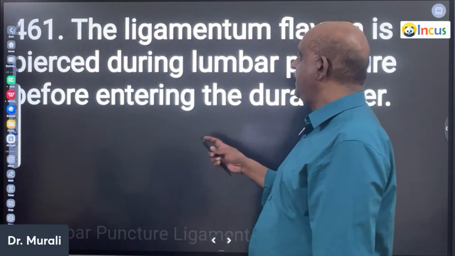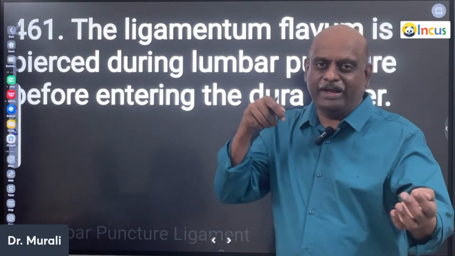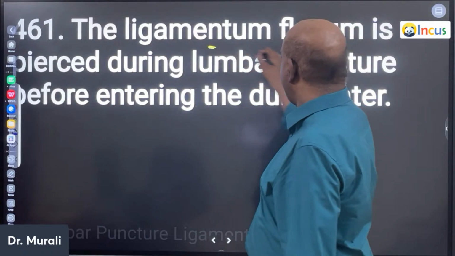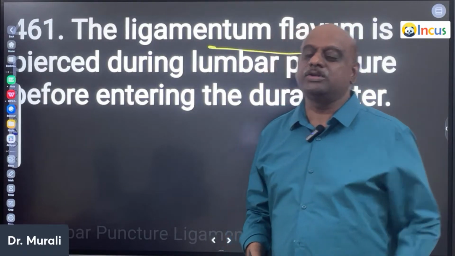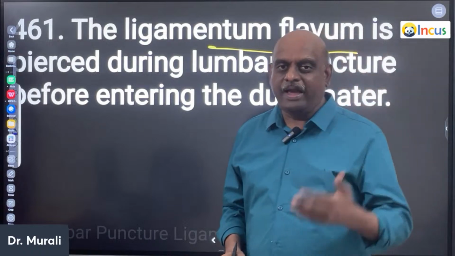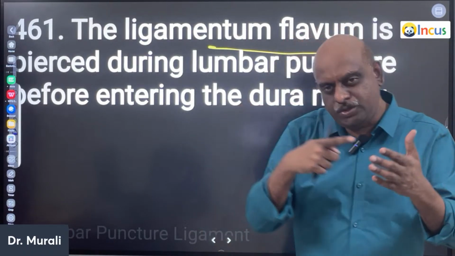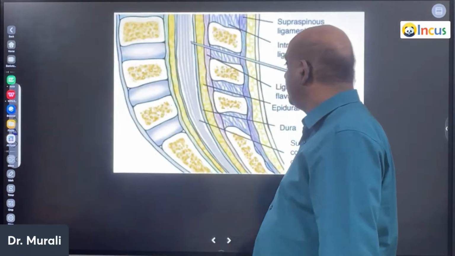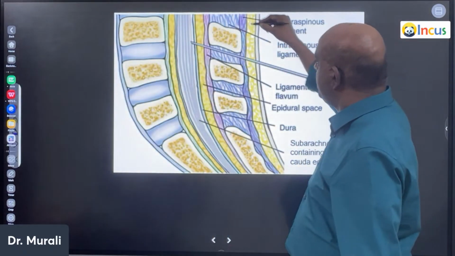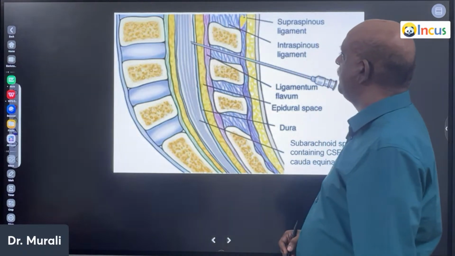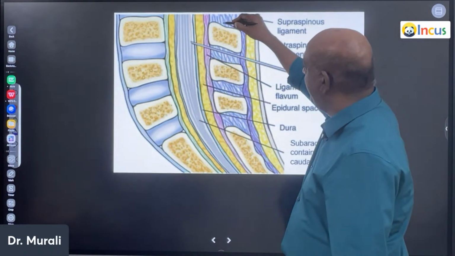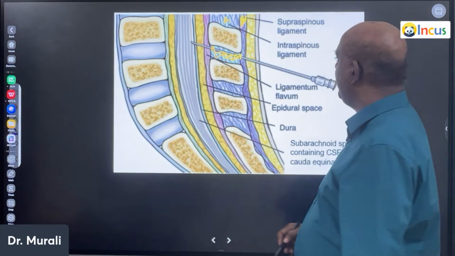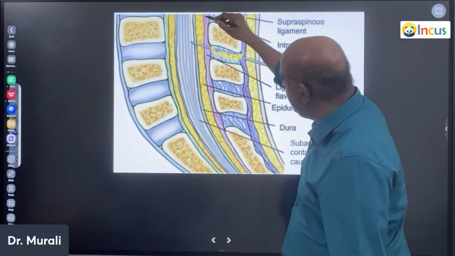Now, what are the structures that you will be piercing while doing an epidural block? Earlier class also I told you the different layers through which the needle typically passes during an epidural injection. You can see there is the supraspinous ligament, then the interspinous ligament, then the ligamentum flavum.